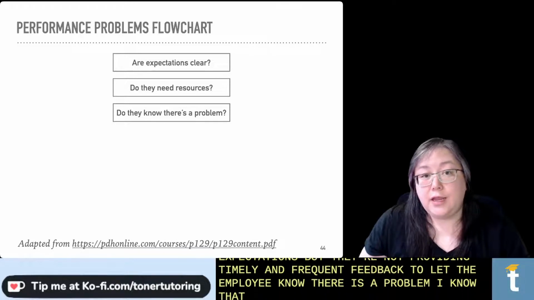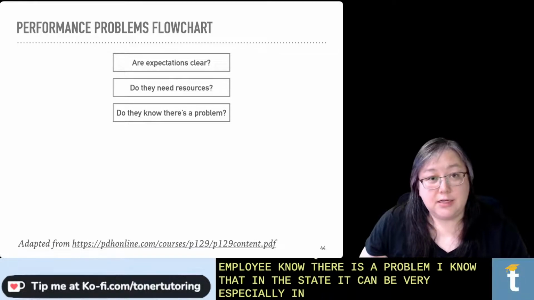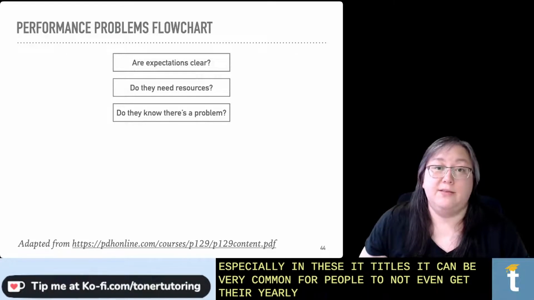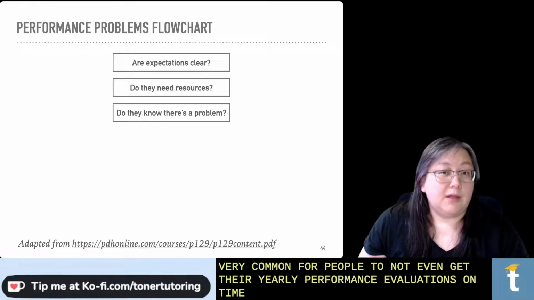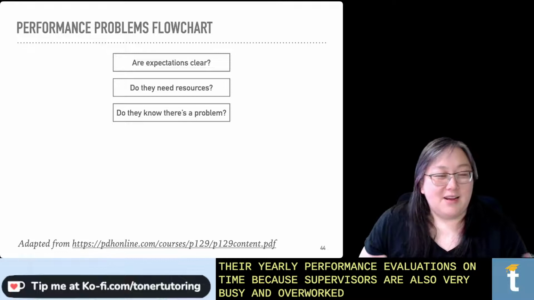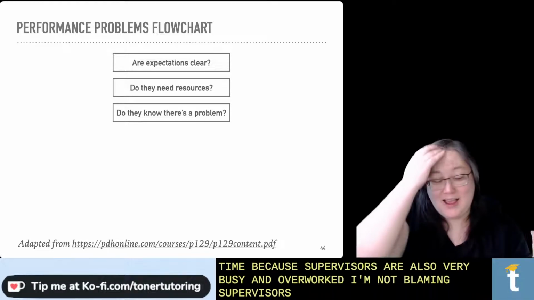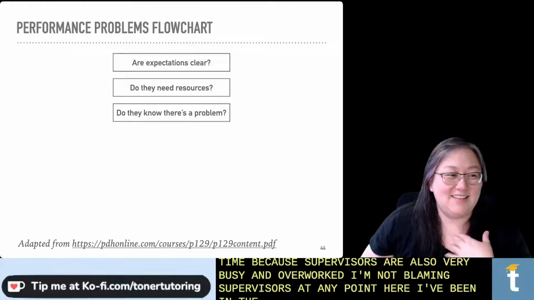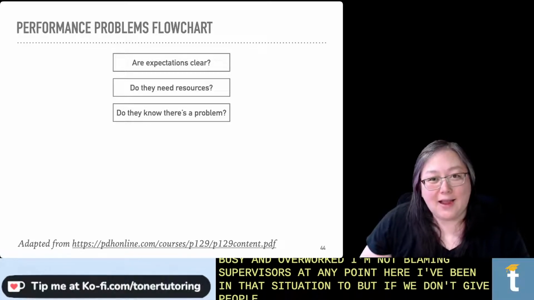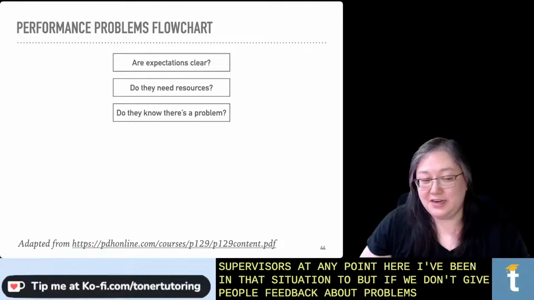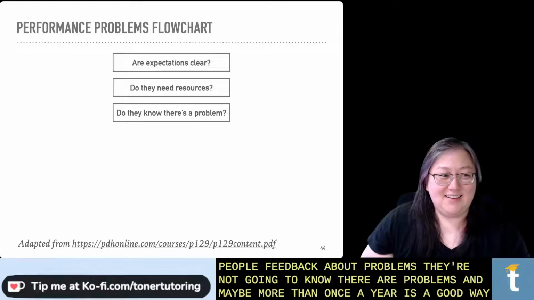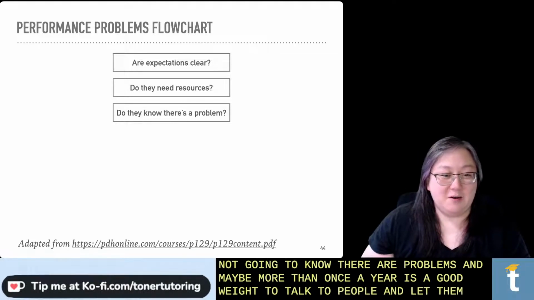I know that in the state, especially in these IT titles, it can be very common for people to not even get their yearly performance evaluations on time because supervisors are also very busy and overworked. I'm not blaming supervisors at any point here. I've been in that situation too. But if we don't give people feedback about problems, they're not going to know there are problems. And maybe more than once a year is a good way to talk to people and let them know if there are problems.